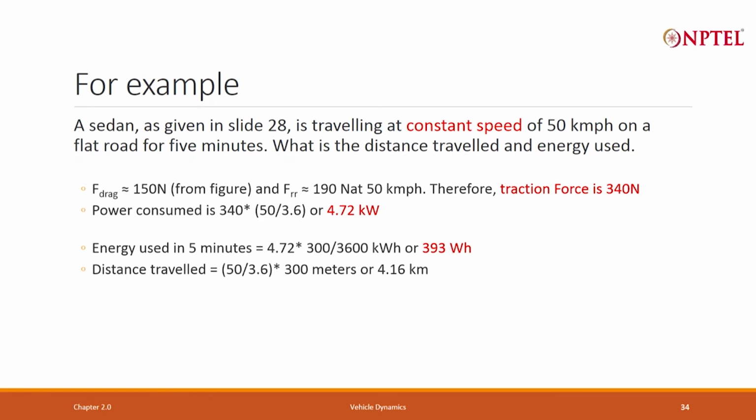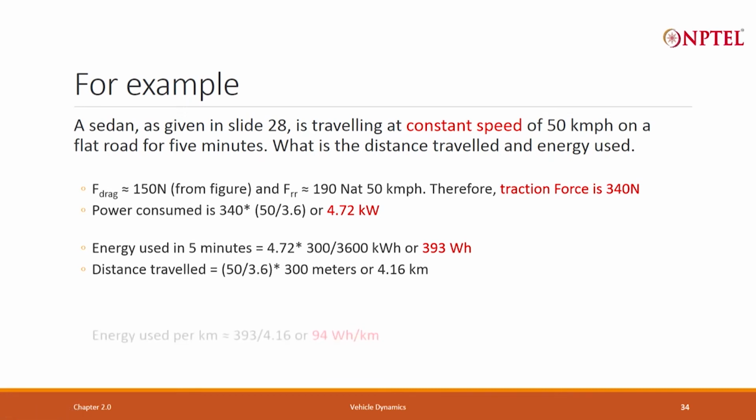For 5 minutes I am consuming 393 watt hour. If I continue to drive for 60 minutes, I will consume 12 times this. What is the distance travelled? Well, 50 kilometer per hour divided by 3.6 gives meters per second, multiplied by 300 seconds. That gives me 4.16 kilometers.